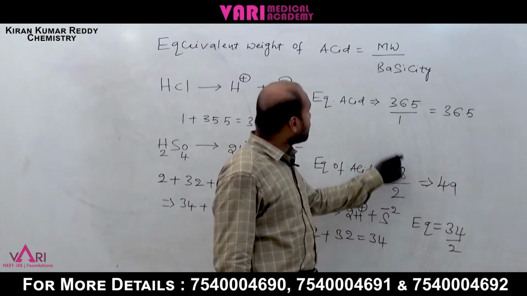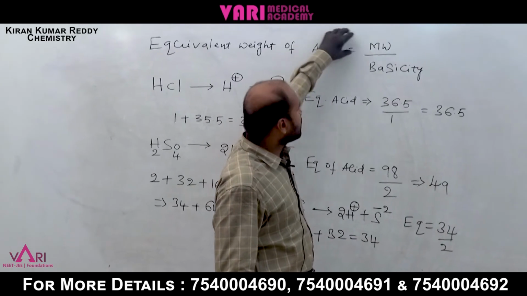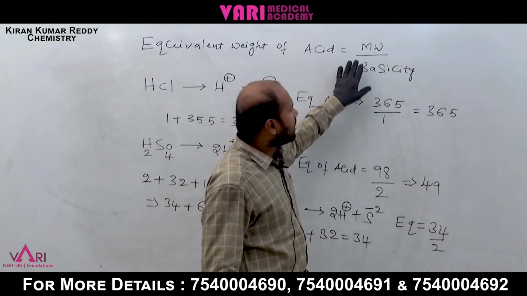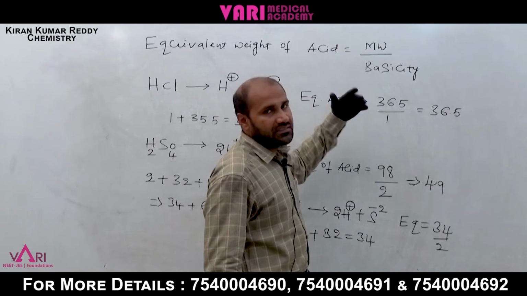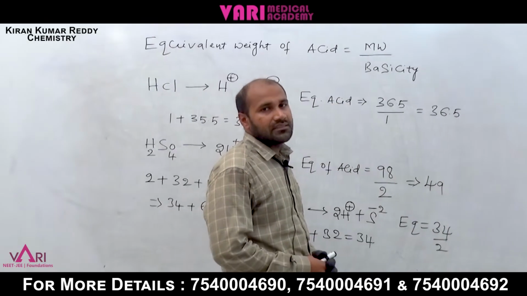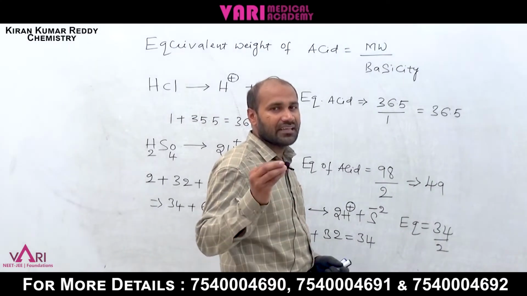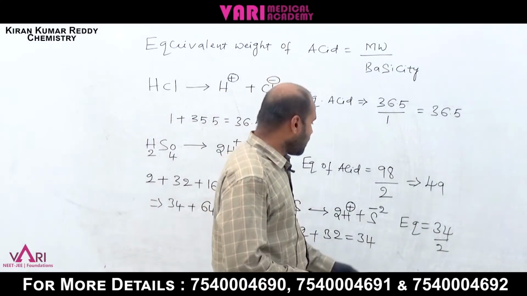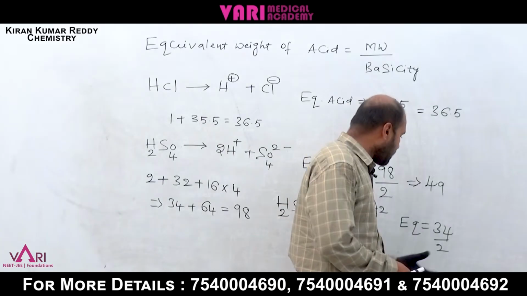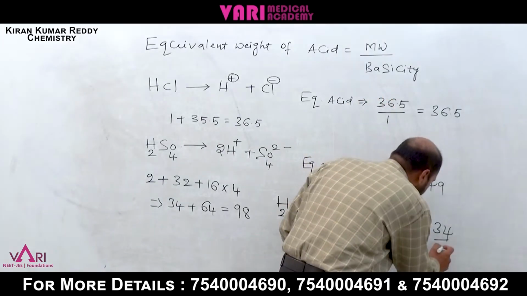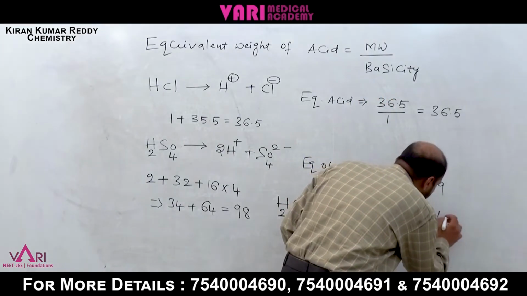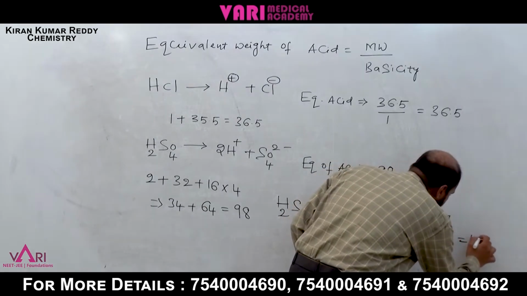Now equivalent weight of acid is equal to molecular weight by basicity. Basicity means the number of replaceable hydrogens present in acid. Now equivalent weight is equal to 34 by 2, that is equal to 17.